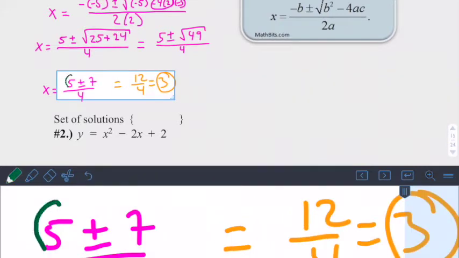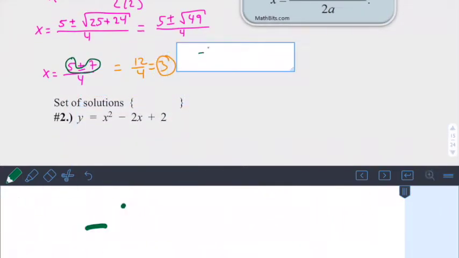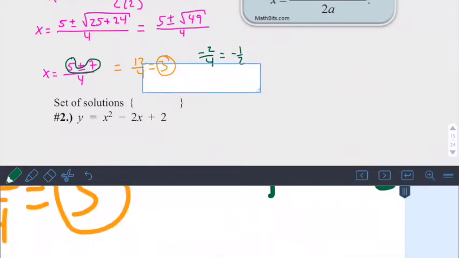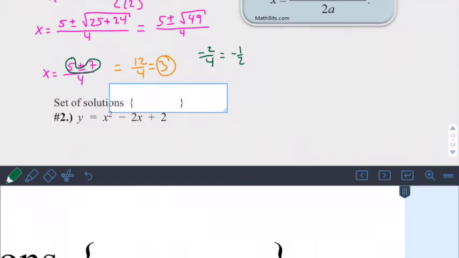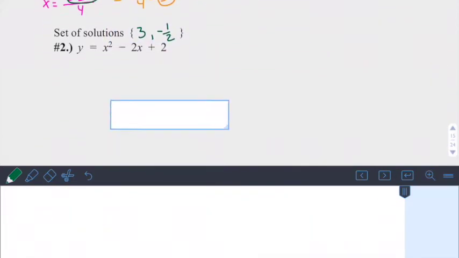And then we also have 5 minus 7 over 4. 5 minus 7 is negative 2 over 4, which is just negative 1/2. So my set of solutions is 3, negative 1/2. Those are my two.